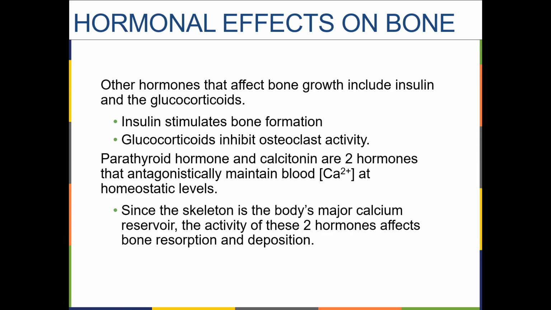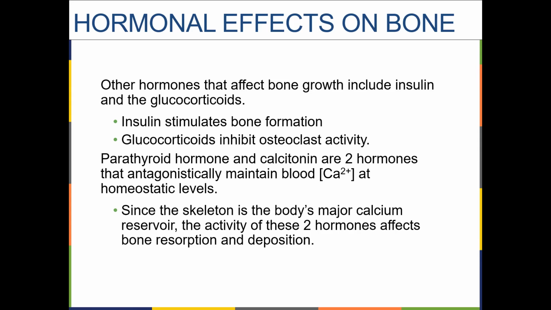Now, our skeleton is the source of calcium in our bodies, and we need lots of calcium for muscle contraction. Skeletal muscle depends on lots of calcium. So does cardiac muscle. We depend on the presence of calcium for nerve impulses. We depend on calcium for blood clotting. So there are a lot of uses in our bodies for calcium, not the least of which is having it in our bones to make our bones strong.